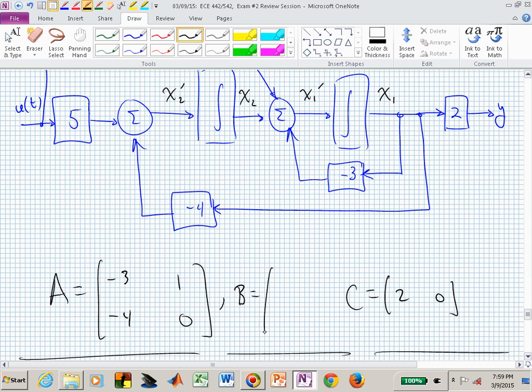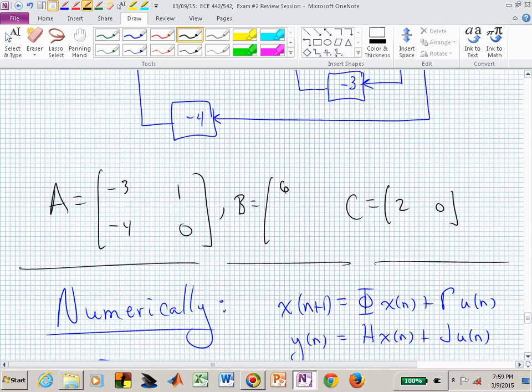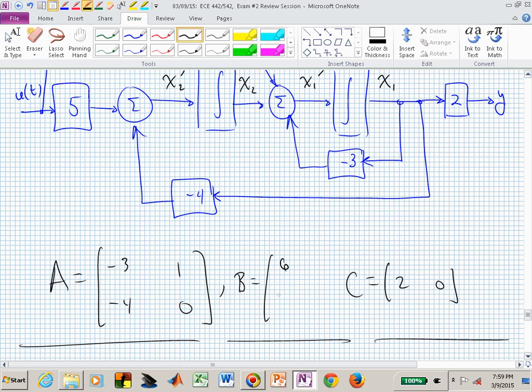B is now whatever is making up x1 prime is 6, and x2 prime is 5, and there are your A, B, C. Now we've set our A, B, Cs, we can move on.